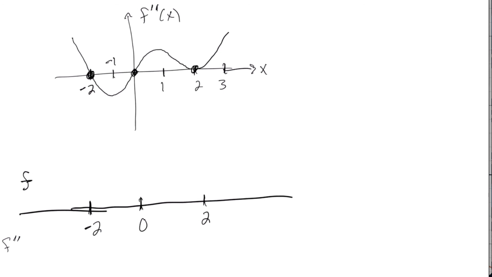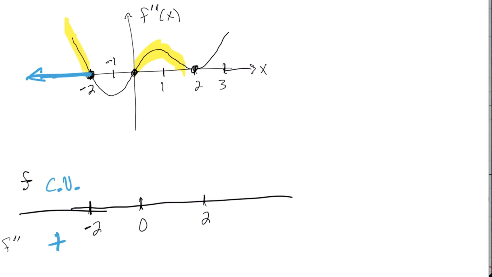So first let's just discuss where the second derivative is positive. Here on this segment, the second derivative is positive. And then here on this segment, the second derivative is positive. When x is less than -2, my second derivative is positive, and that tells me my function is concave up.